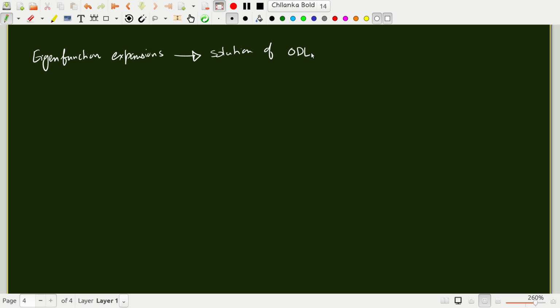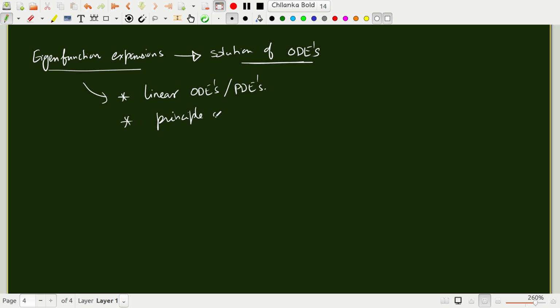First, let's start with ODEs, ordinary differential equations, and then we will slowly graduate to PDEs as we go along. Okay, again, this method works for linear ODEs or PDEs. Okay, PDEs will come a little bit later. Okay, and it exploits the principle of superposition.